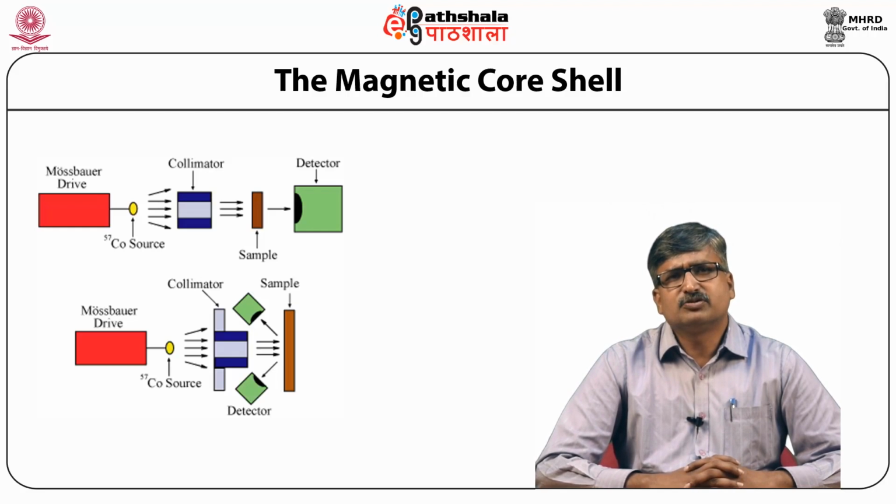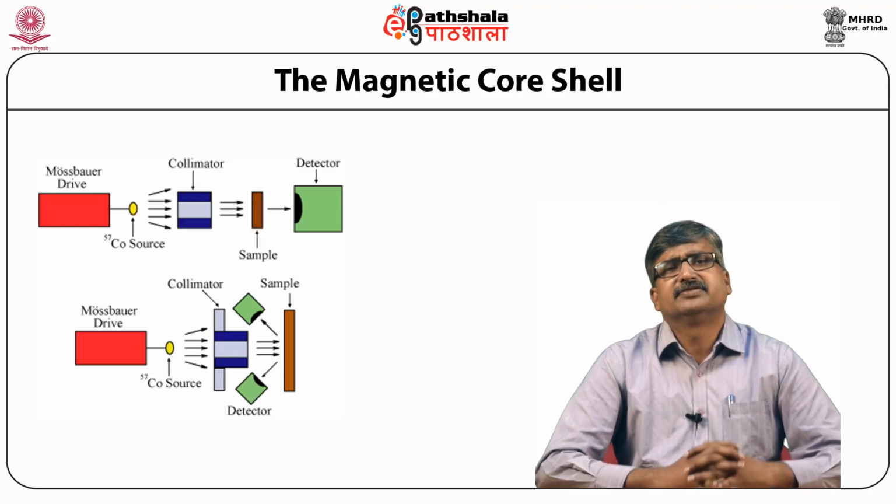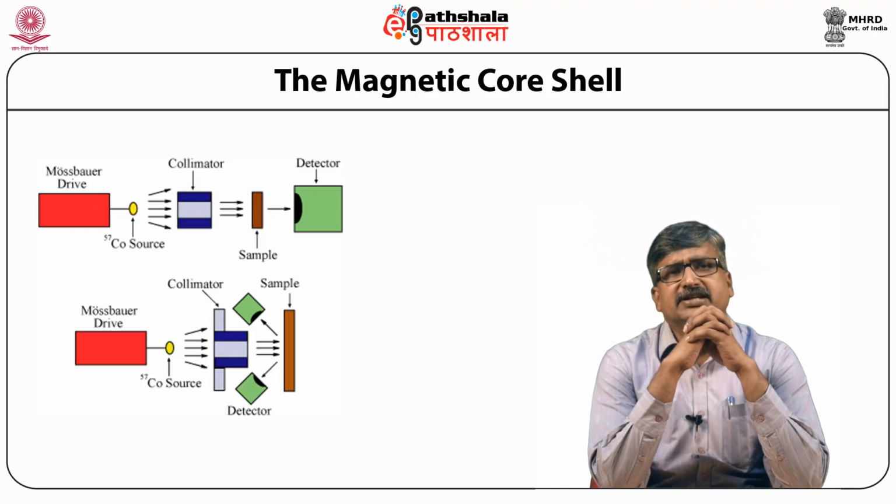Mössbauer spectroscopy techniques provide a direct way of investigating nano-sized magnetic particles and their spin structure. For studying non-collinear spin structure, an external magnetic field is applied. This orients the magnetization in the direction of the external field.